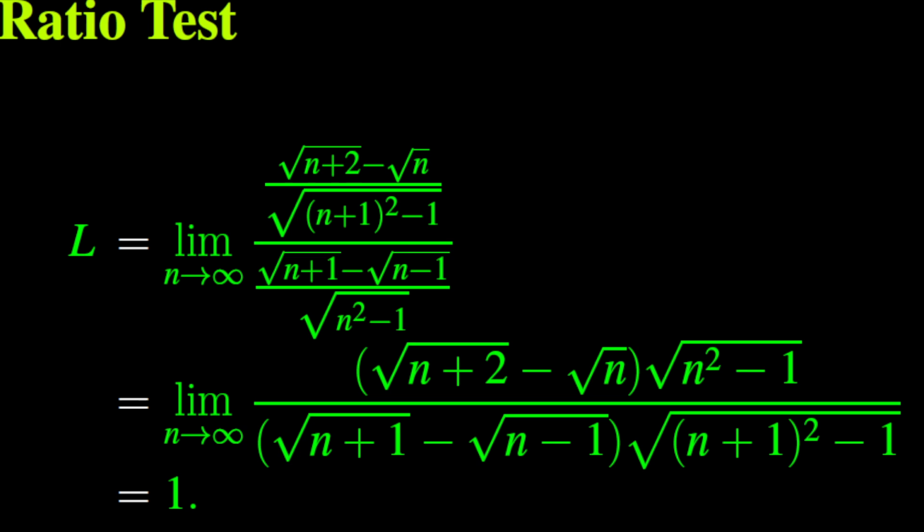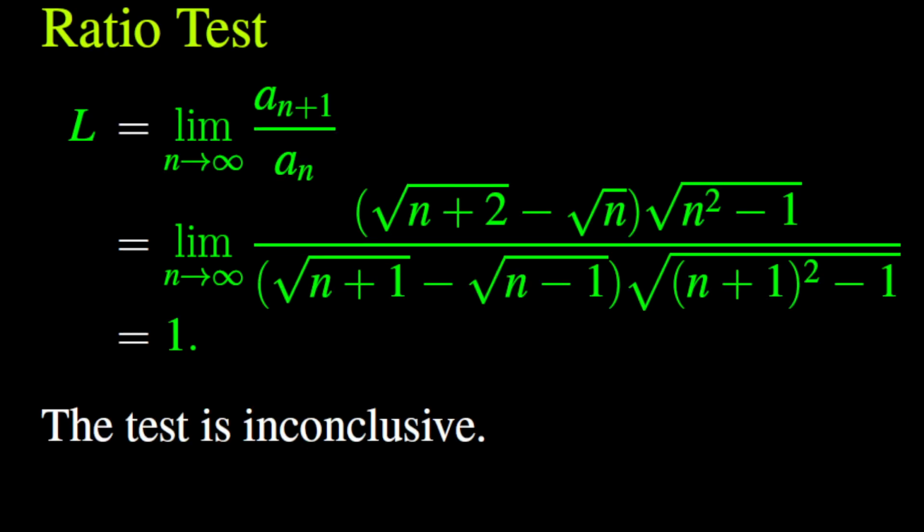This limit equals 1 because if we expand the numerator and denominator of this fraction, we will see that we have a difference of the square root of polynomials with leading coefficient 1, and of the same degree, 3. Consequently, the ratio test is inconclusive. Whenever this happens, you have to use a different strategy. This should force us to look deeply at the series term to see if we can come up with anything that will give us a clue on how to handle the series.